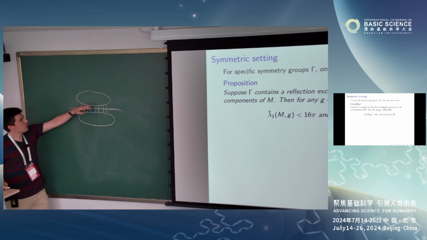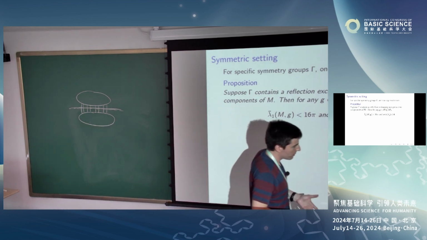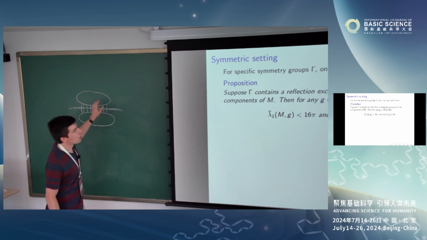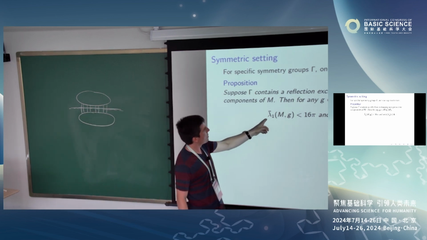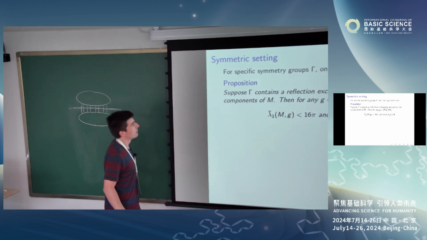Okay? So we're genus 0 on each fundamental domain. All right, so using essentially a variant of the Hersch trick for the Neumann eigenvalue on the fundamental domain, we can see that lambda 1 bar in this case is strictly bounded above by 16 pi.